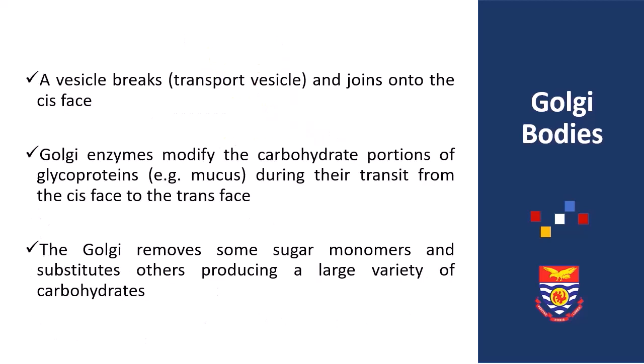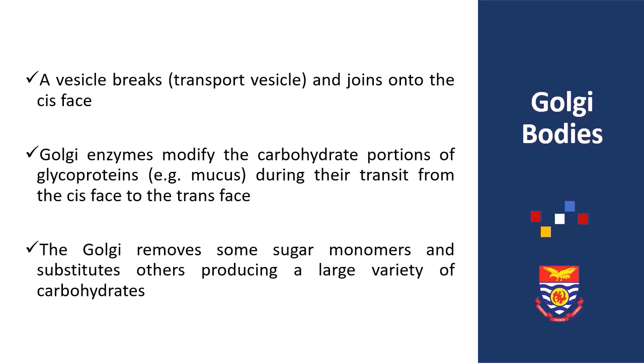The vesicles of the Golgi break and join onto the cis face, and then the enzymes found in the Golgi modify the carbohydrate portions of glycoproteins during the transit from the cis face to the trans face.